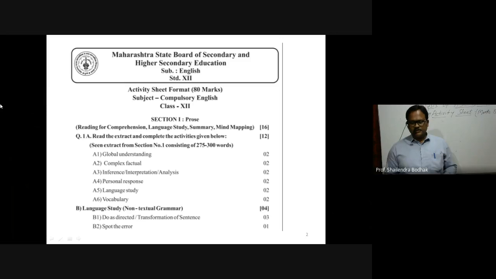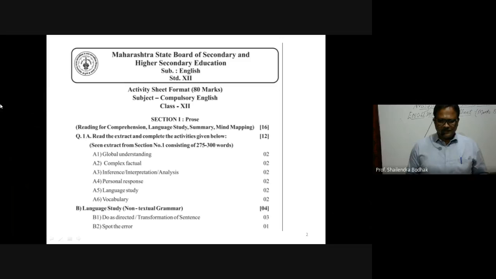Web, flow chart, complete the table, match, all these things you will have to practice, or they may give you one line from the passage and then you have to analyze it, or you have to tell the hidden meaning of that particular line.